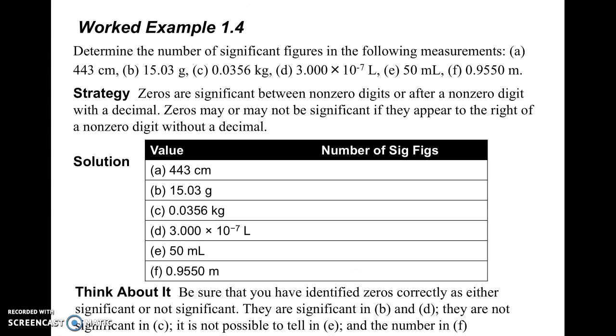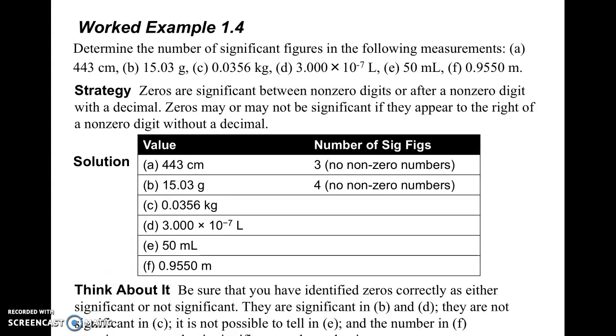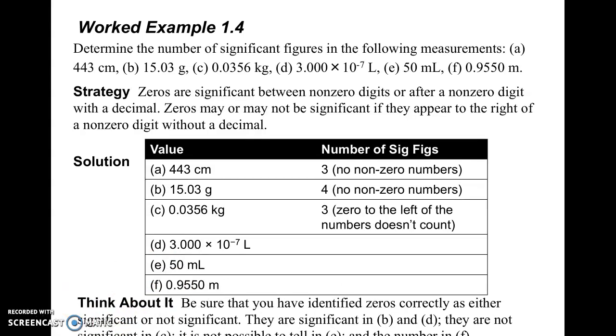All right, so there's an example here of just trying to figure out how many significant figures you have. And so in the first one, obviously there are no non-zero digits leading, and so there's 3 significant figures. In the next one, we have 4 because the 0 is between non-zero digits. In C, the preceding zeros are placeholders, and so they don't count. So we only have 3 significant figures.